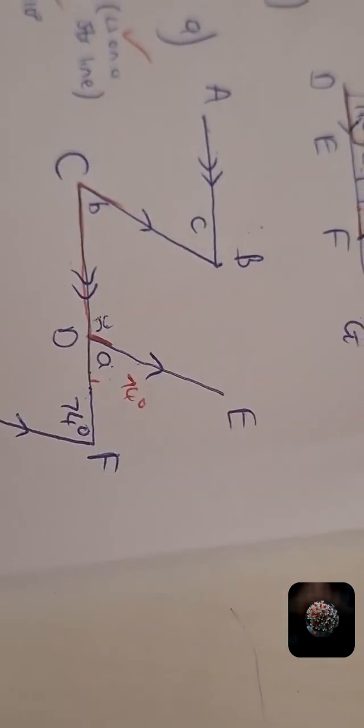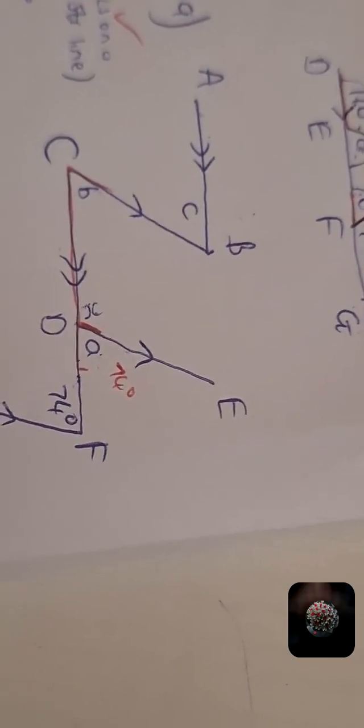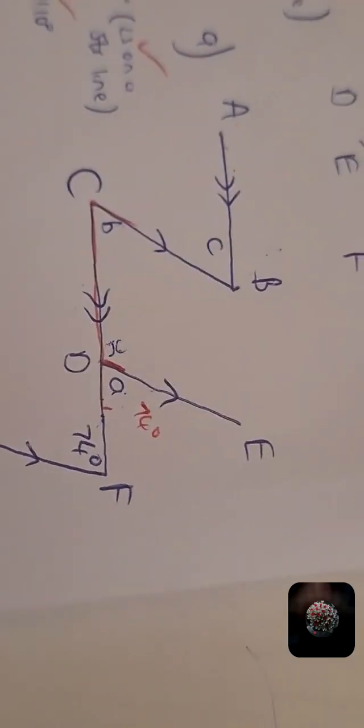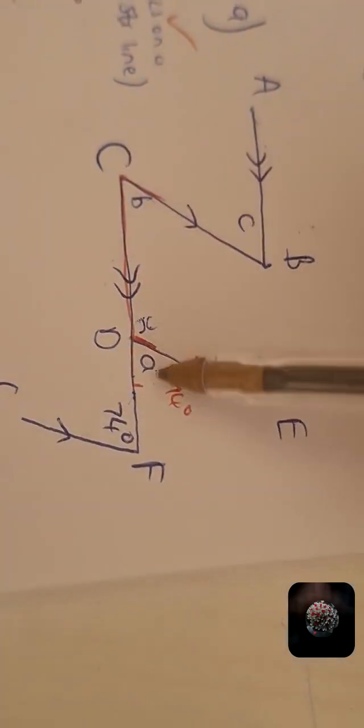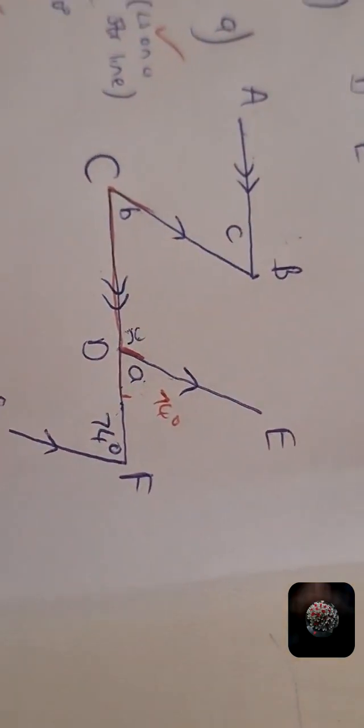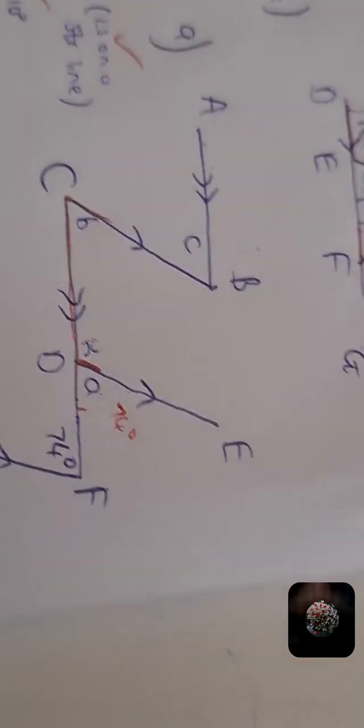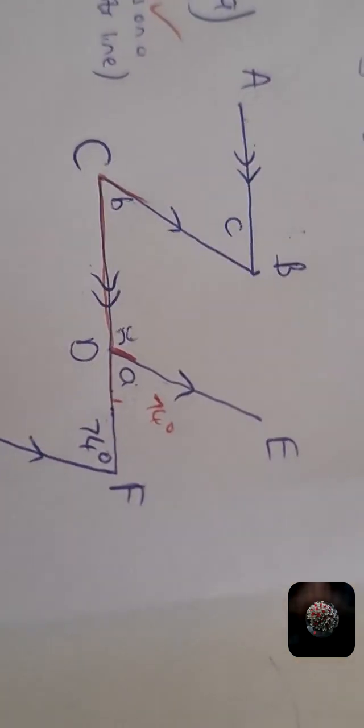Now, here's another thing I need to explain very quickly. The whole idea of D1 and D2, we only use that if the diagram has those in it already. We can't introduce those ourselves.